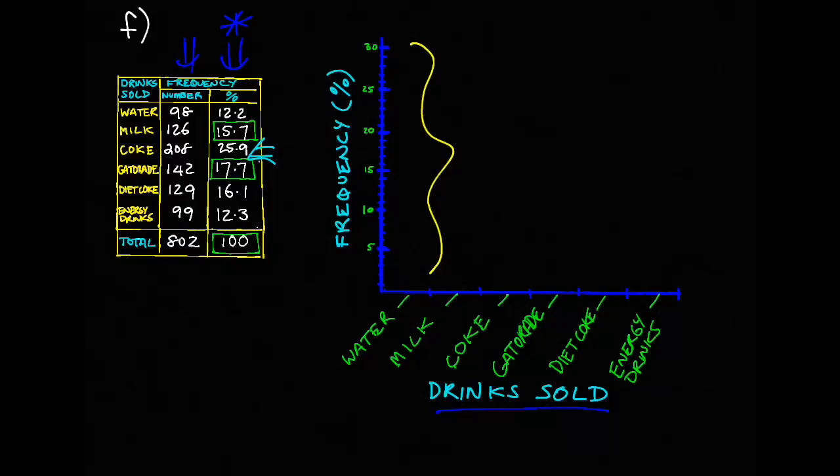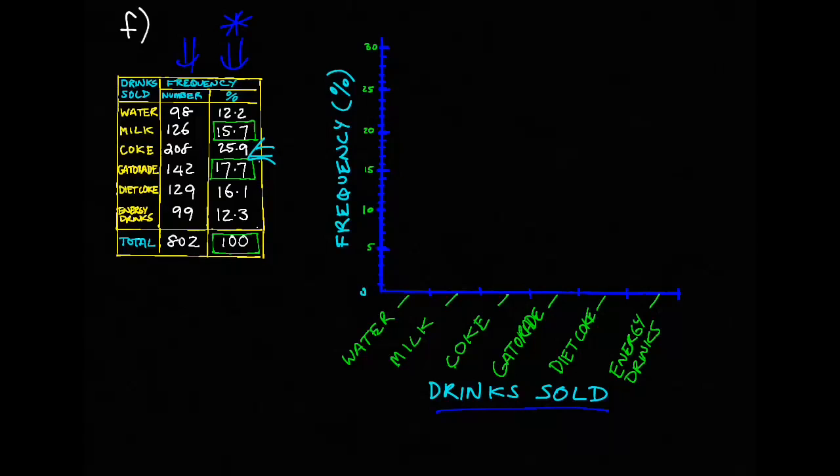We could start at 10. However, it's not unreasonable with such a small scale to go from 0 to 30. And then to make it really easy, because they're decimals, we can break these segments up into 5. So each of these little segments is worth 1.